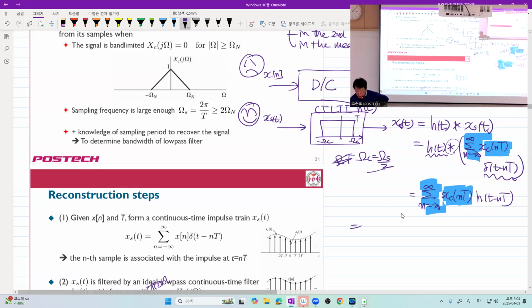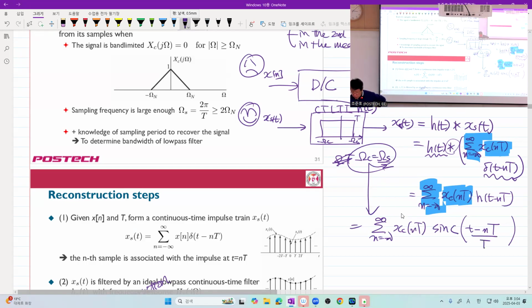In this case, amazingly, we have a sinc function like this. Am I correct? No, not correct. I need to scale it. Just a second. Is it 1 over T? Yeah, I believe so.